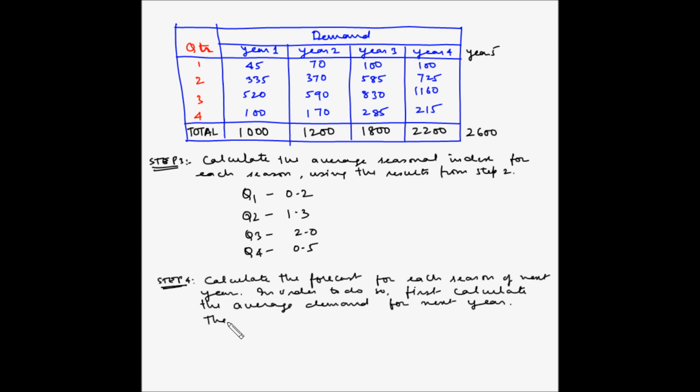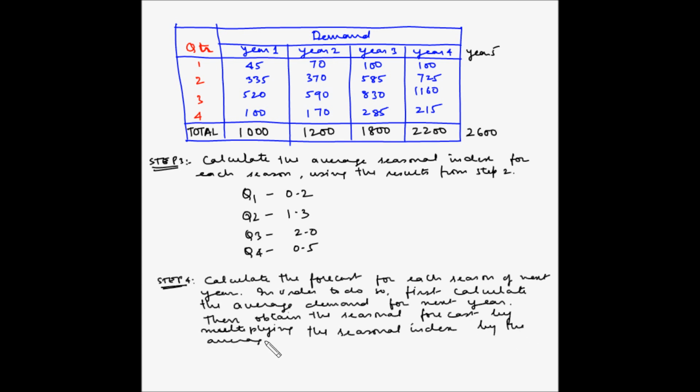Then obtain the seasonal forecast by multiplying the seasonal index by the average per season.